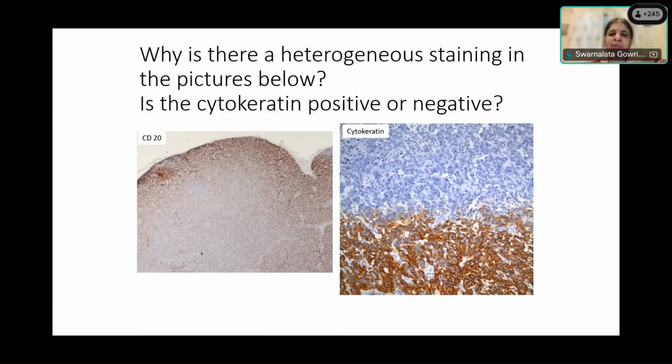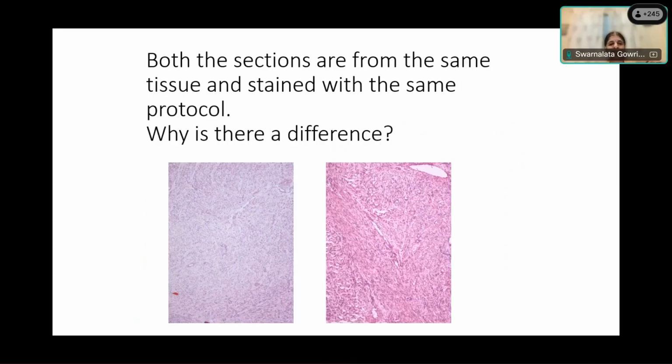Unfair on the patient who has put their faith in you, expecting you to give the right diagnosis. And because you have not been careful in your fixation, you have landed up with tissue like this. And no matter what you do, you send it to another place, you send it to Tata Memorial, they will also have the same problem, because your tissue is not well fixed.